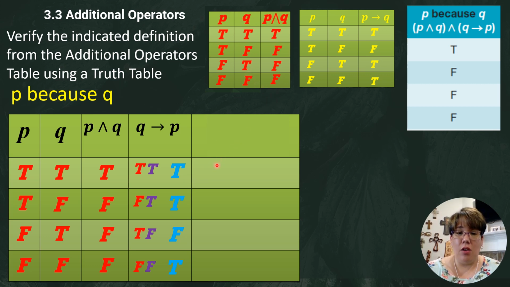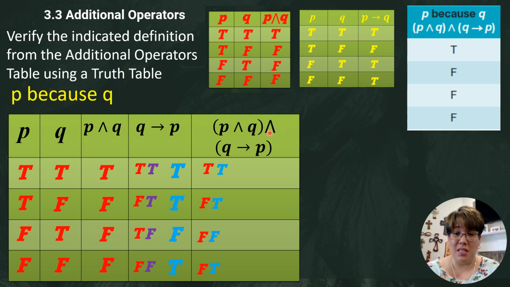I'm going to grab that red column, and I'm going to grab this blue column, because that's the first part, and this blue is going to be the second part. Then I'm going to use my and chart because they're joined in a compound statement using and.